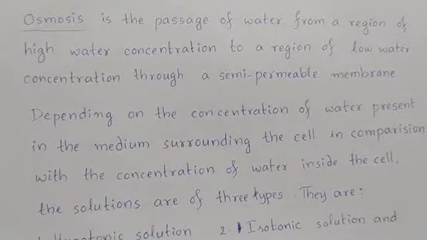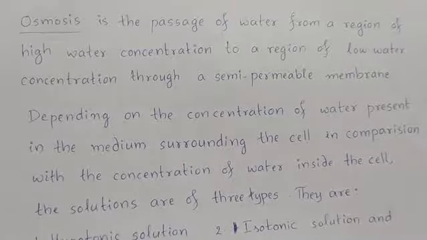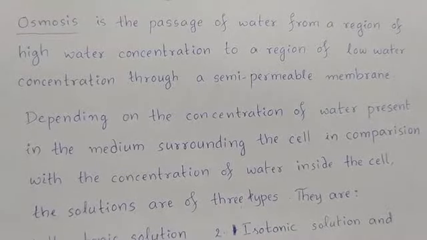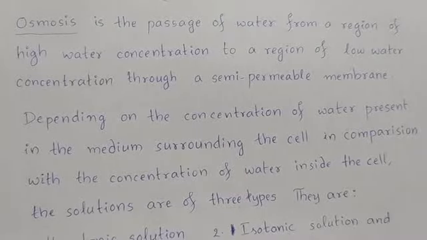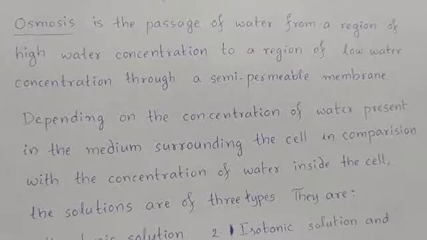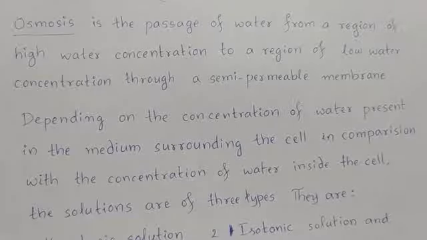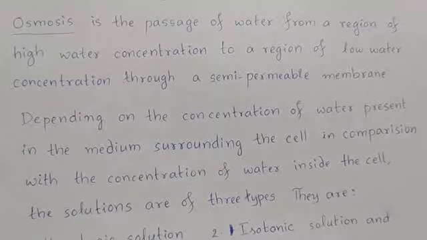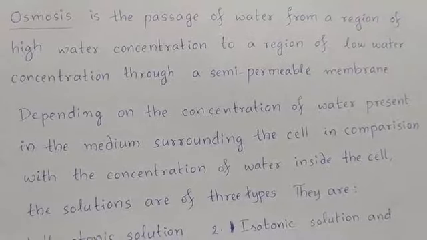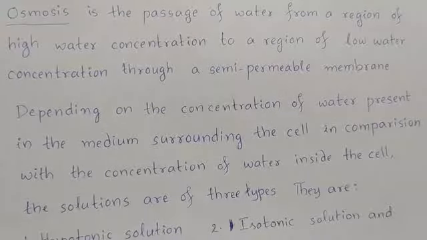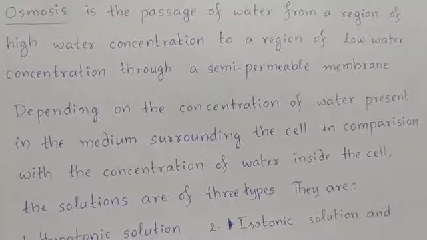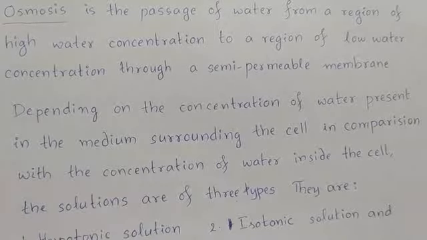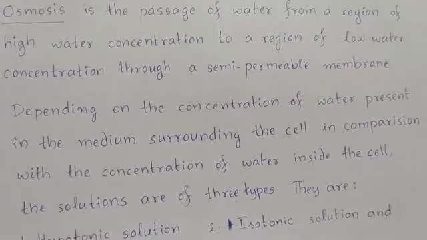As we have just discussed, the amount of dissolved substance affects osmosis, so osmosis can be defined like this. Osmosis is the passage of water from a region of high water concentration to a region of low water concentration through a semi-permeable membrane, depending on the concentration of water present in the medium surrounding the cell in comparison with the concentration of water inside the cell.